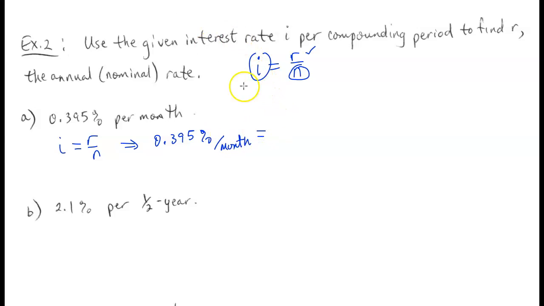And that's going to be equal to R, which is what we're trying to find, divided by N. And we know, since this is going to be per month, N is going to be 12 here. Okay. And so now if I actually do the math on that, I'm just going to take 12 months and multiply that times 0.395% per month.